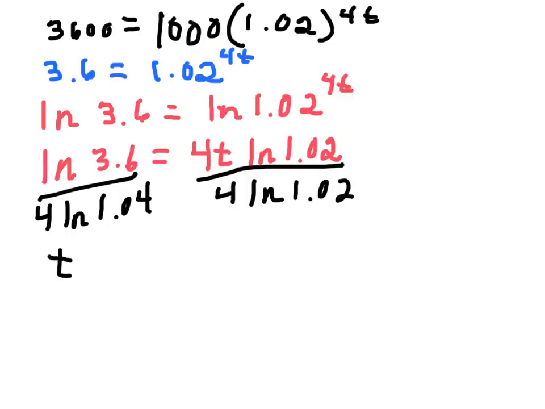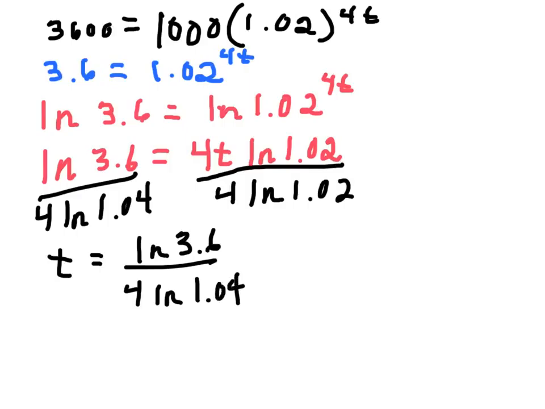So we've got t equals the natural log of 3.6 over 4 times the natural log of 1.02. And so once you use your calculator, you'll end up with t is about 16.2 years.